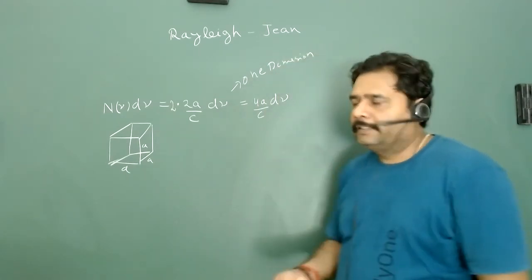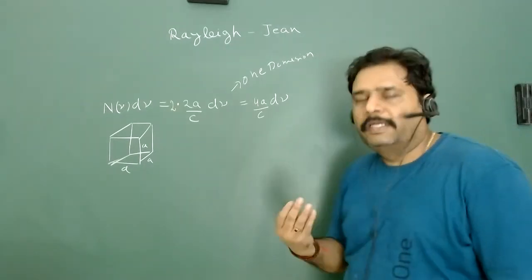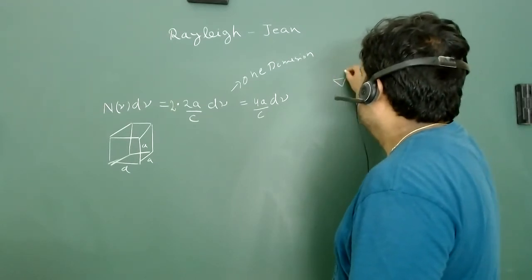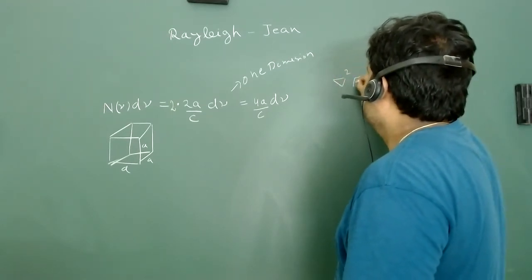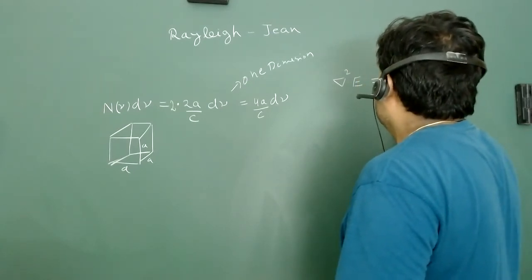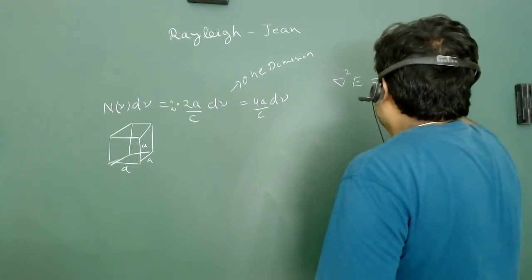Realistically, we have the Maxwell relation, and from this Maxwell relation we can calculate the nature of the electric field. Del square E is equal to 1 upon c square del square E upon del t square.